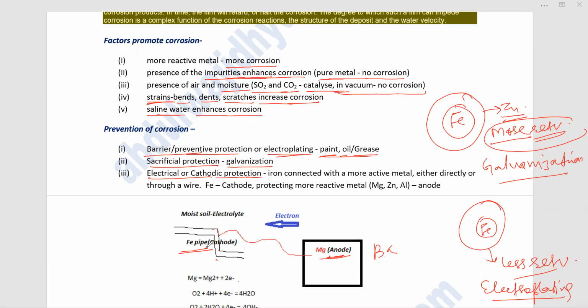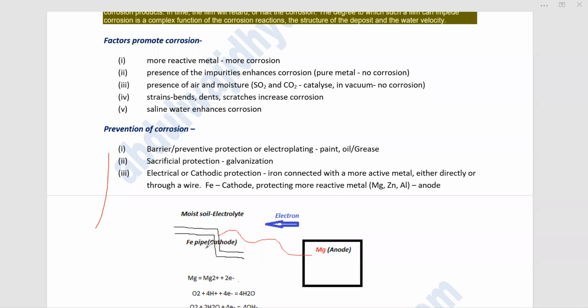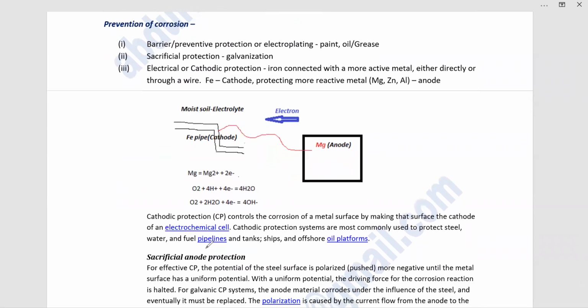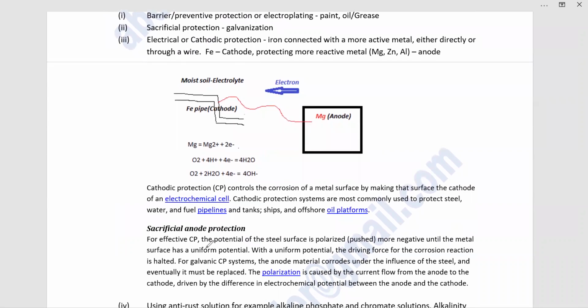So in this way, we can save the iron pipe from getting corroded. This is called electrical or cathodic protection.